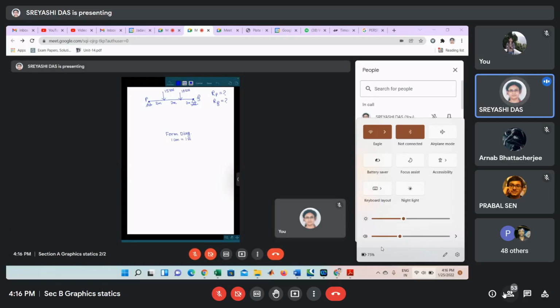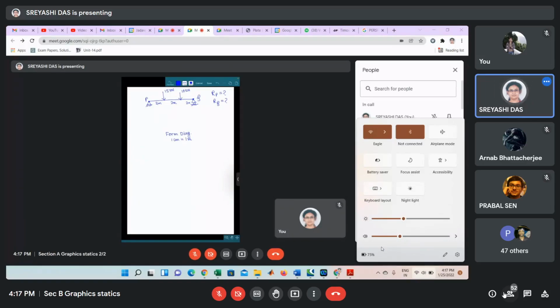So you have to draw these things in a drawing copy, and you have to buy an A3 drawing copy. There in the white sheet, you have to draw this form diagram first.